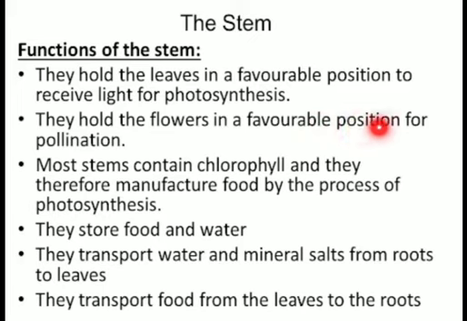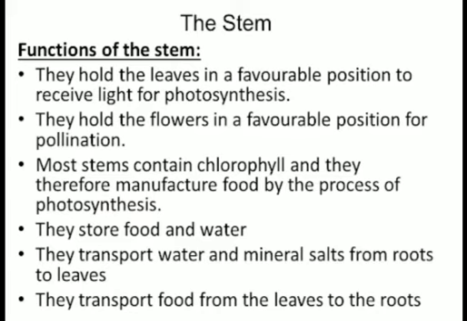The stem also holds the flowers in a favorable position by organizing its inflorescence and thus aids in the process of pollination. Most of the stems contain chlorophyll, and they therefore manufacture food by the process of photosynthesis.